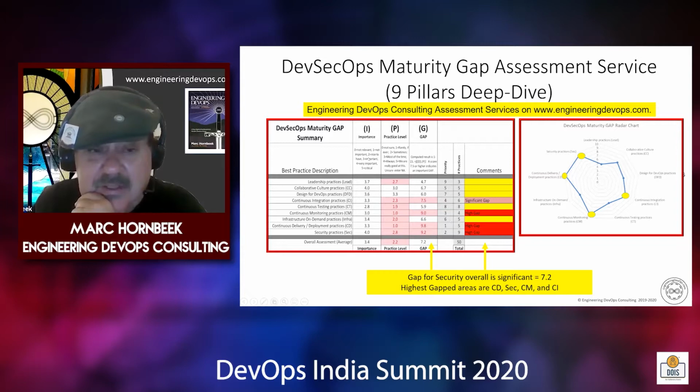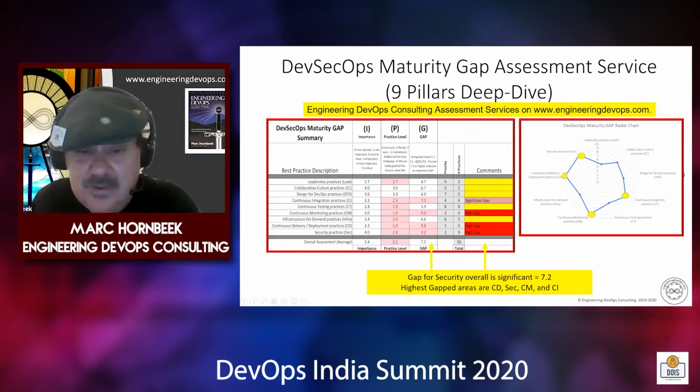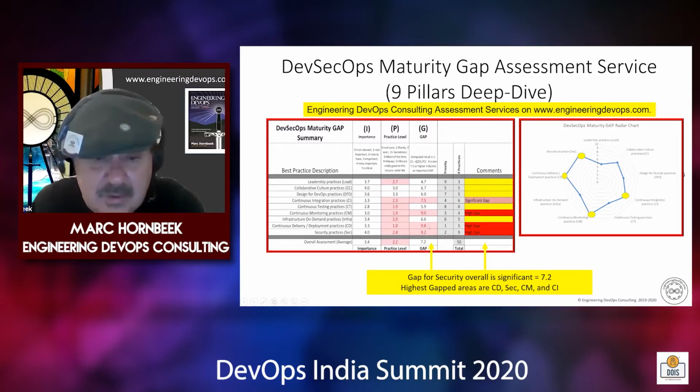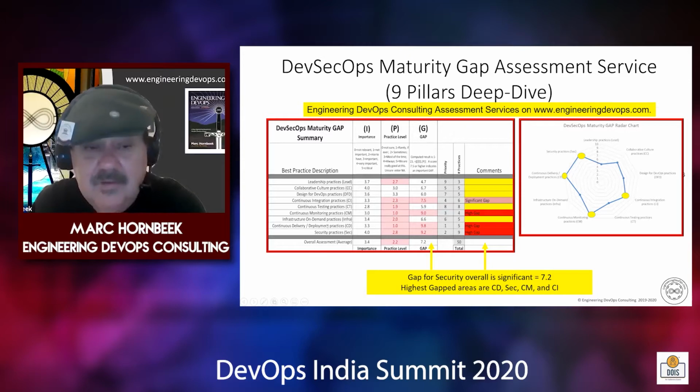What the tool does is it allows the client to score the importance of the different practices and then the practice level they're at on a scale of 1 to 5. And then there's a gap score calculator. There's a proprietary algorithm I use to help you figure out where the areas of highest importance are. And here we had a gap of 9.8 out of a possible gap of 15, which is somewhat concerning. Their delivery and deployment practices were not up to speed.